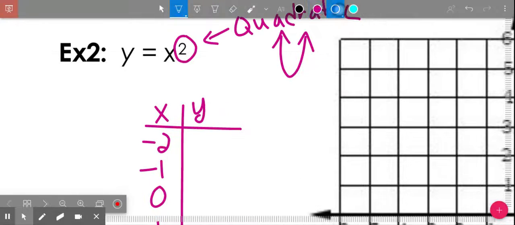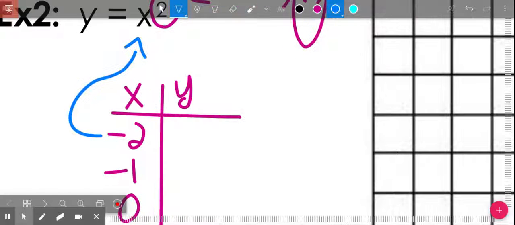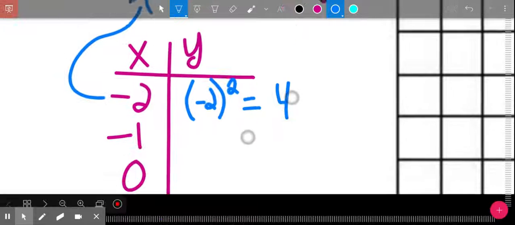Whenever I take my inputs and plug them in, instead of x squared, it becomes -2 squared. Guys, if you're putting these in the calculator, you have to use parentheses, or else the calculator will give you the wrong answer, I promise you. That's the number one reason people miss this question. So -2 squared, -2 times -2 gives me a +4.